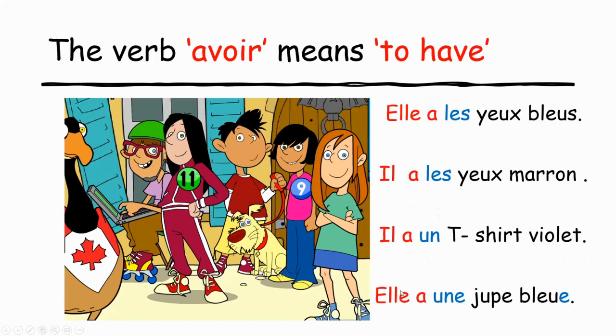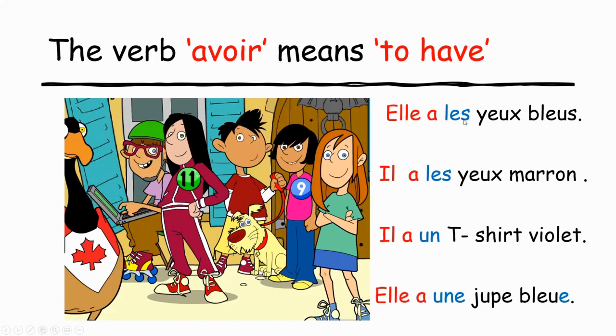Now, we've got these same sentences again, but this time we're going to be looking at these words in blue. Now, let's specifically focus on these two first. They're pronounced les. Not lez, but les. Can you remember why? That's right, because in French we don't always need to pronounce the last letter.